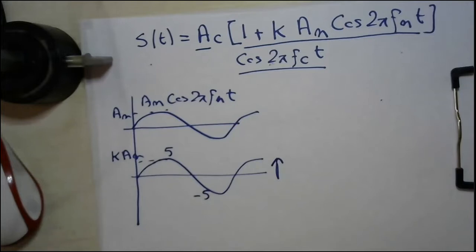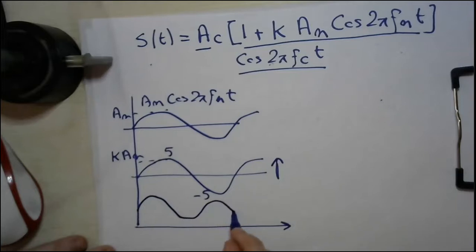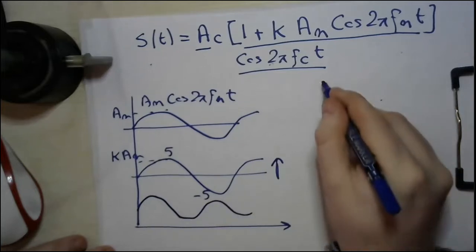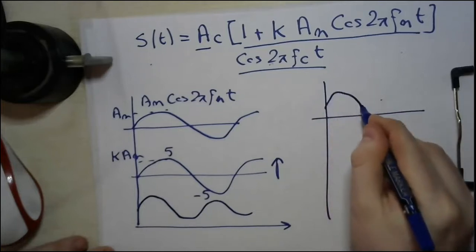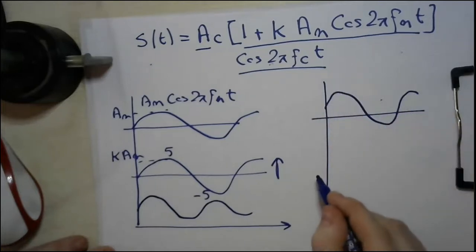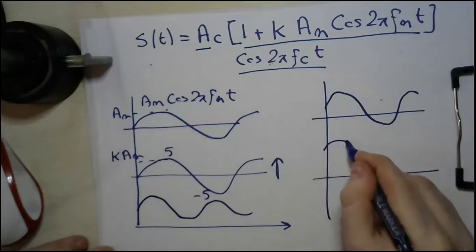But am I able to know the amount of shift? I don't know k and A_m. So this shift may turn the message to be like that, or the shift may turn the message to be like that, or it may be like that.